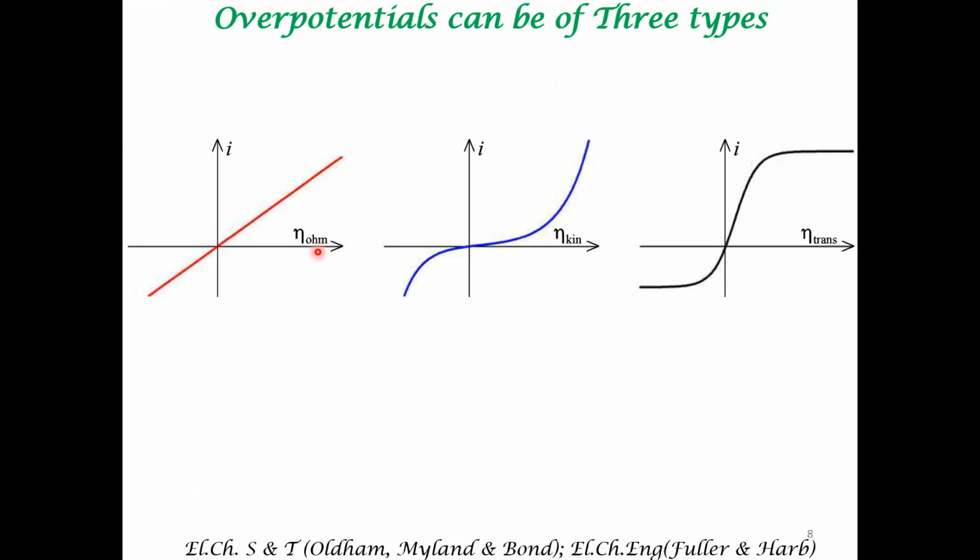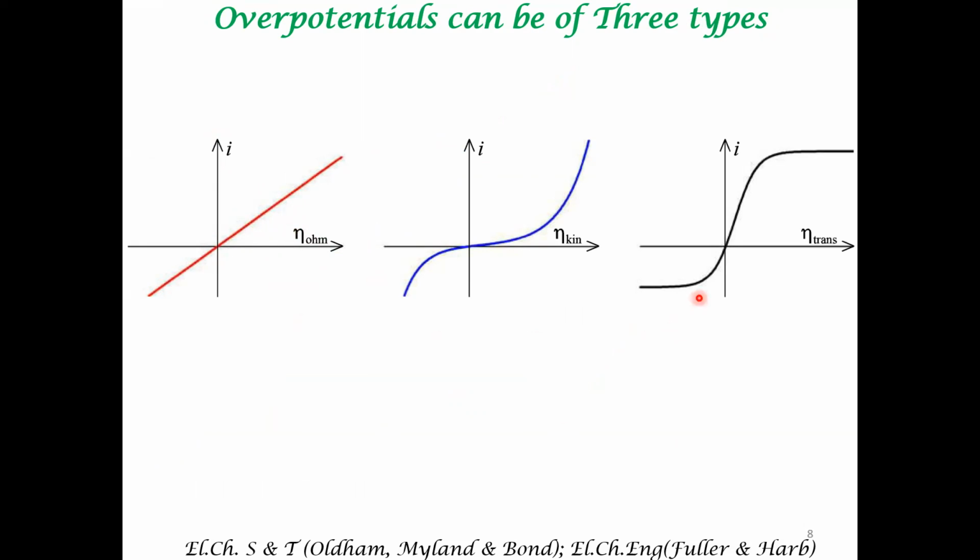If I keep increasing that overpotential, I get a linear increase in current. This is just like an ohmic conductor. V is equal to IR, right? V is this ohmic overpotential as a unit of voltage, and I get a linear increase in current because of a linear increase in ohmic overpotential.